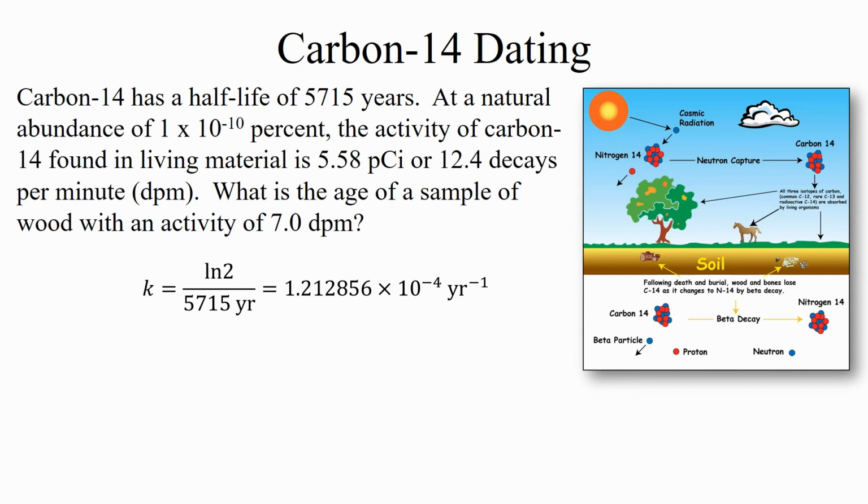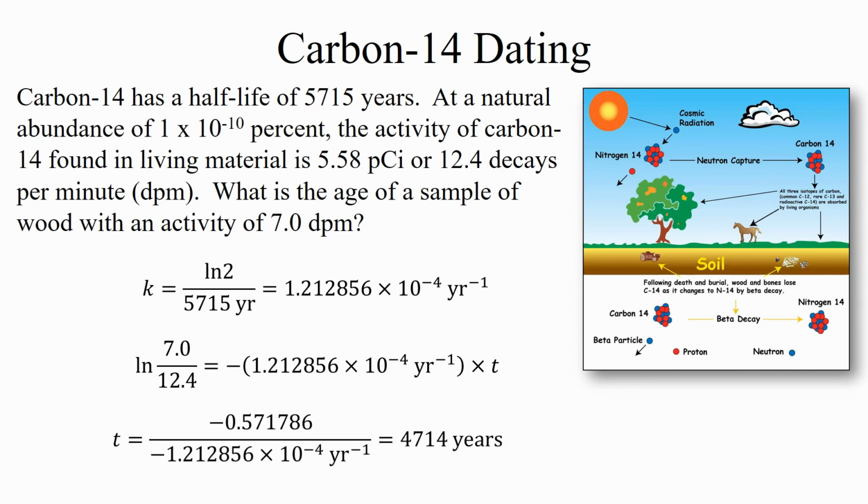Once we have our rate constant, well, before something starts to decay, or before something is considered time zero, it has a decay of 12.4 decays per minute, and at some time, once it's allowed to decay, it now has an activity of 7.0 dpm. Plug this into our equation again, solve for time, and this particular sample has an age of about 4,714 years.